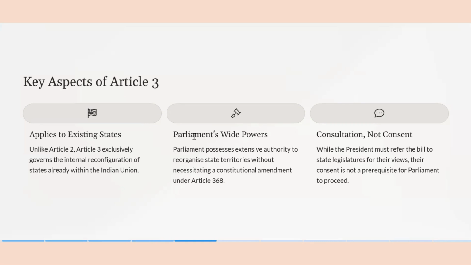Parliament's wide powers: Parliament possesses extensive authority to reorganize state territories without necessitating a constitutional amendment under Article 368. Consultation, not consent: while the President must refer the bill to the state legislatures for their views, their consent is not a prerequisite for Parliament to proceed.